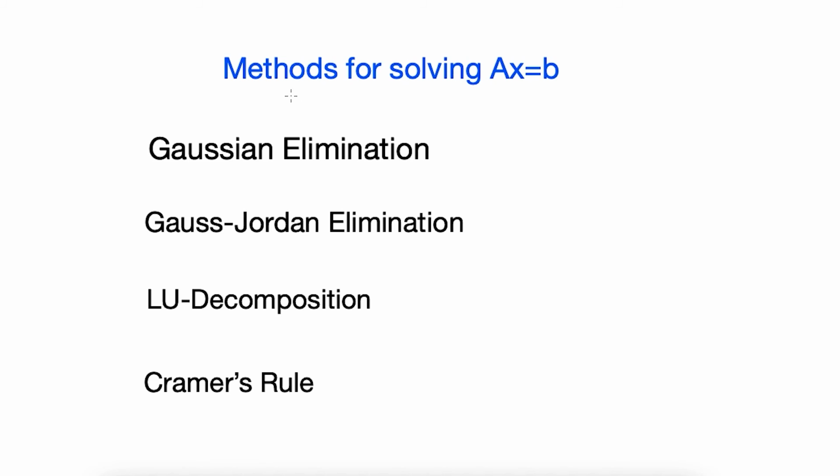The most famous methods to solve Ax equals b are the Gaussian elimination method and its variant Gauss-Jordan elimination, and also the LU decomposition of the matrix A, and Cramer's rule. We will see all of them with examples in the next lectures.